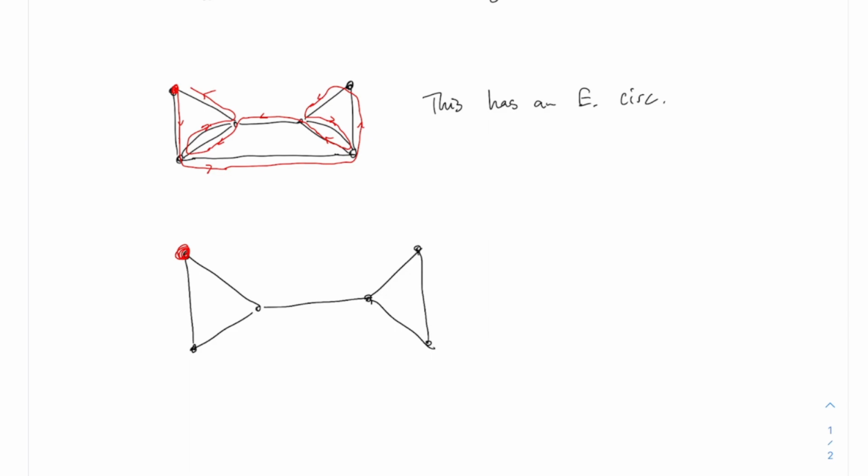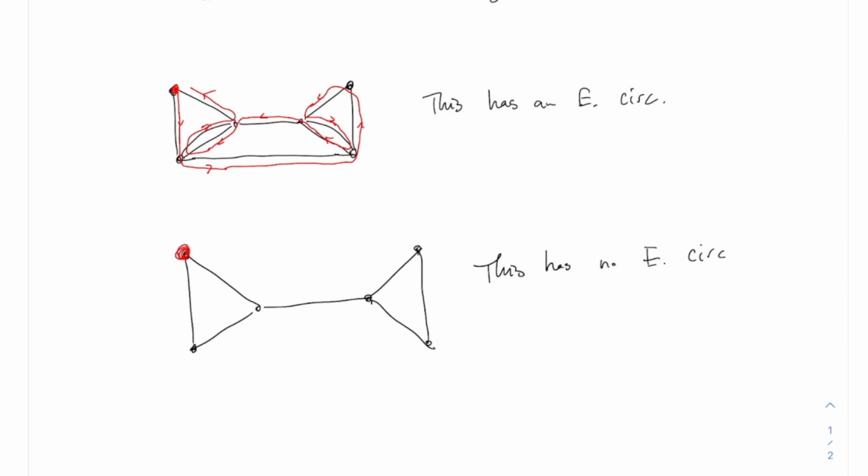How do you know that's not possible? I see some people shaking your heads. Yeah? Well, you have to go over the middle line twice. Yeah, right. If you want to start over on this vertex, you have to eventually cover these edges, and so you'd have to use this edge once to get over here. But then you have no way of getting back. So this one has no Euler circuit.